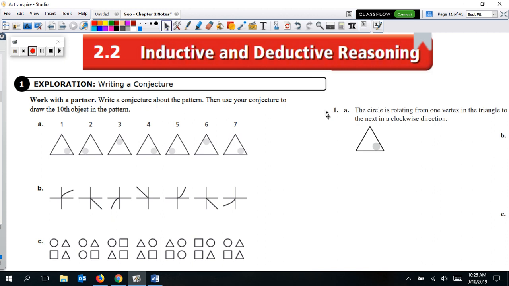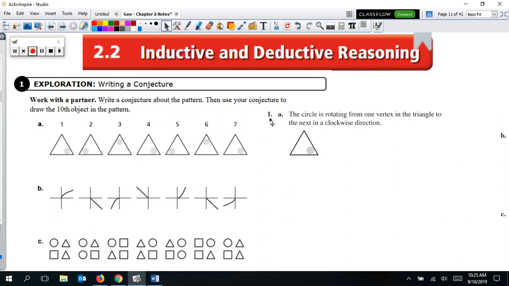The 10th one looks the same as number 1. And it says the circle is rotating from one vertex in the triangle to the next in a clockwise direction. You want to write that down; that's your conjecture, your prediction of what's happening.